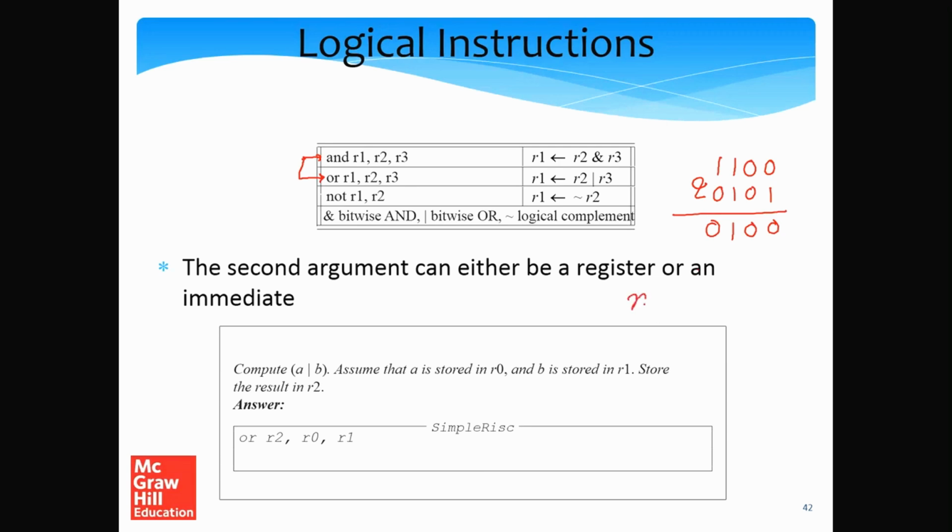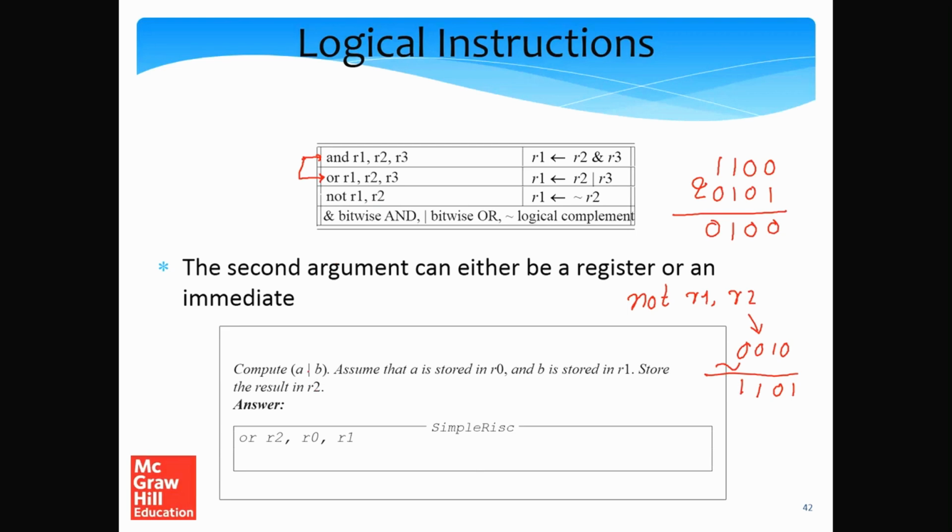So when we say NOT R1 R2, what this essentially means is that let's say the value of R2 is 0010. We take a NOT of it. Once we take a NOT of it, this becomes 1101. So the second argument in this case can either be a register or an immediate, the second source argument.